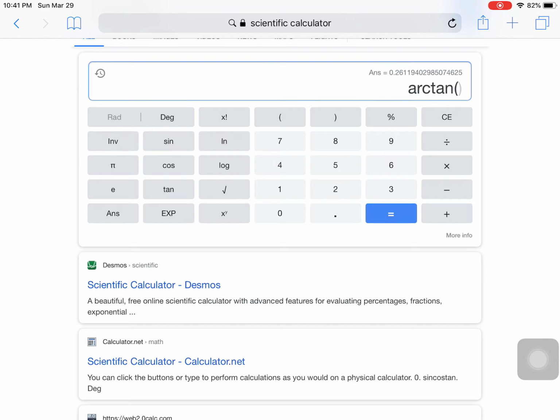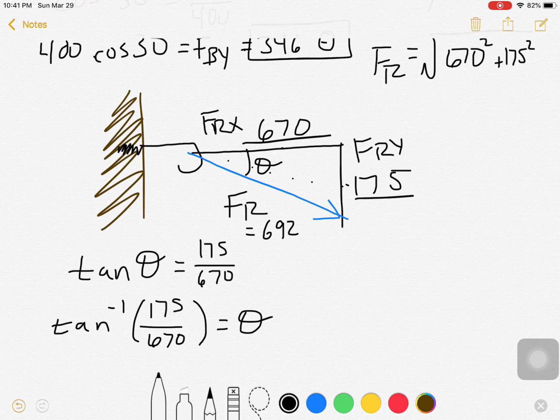So we're going to take the inverse tangent of that fraction we just got, and it's about 15 degrees. All right. So that's how we decompose angles into their constituent x and y parts, and how we can put multiple angles together by finding the x and y's of each of the individual angles and then adding them together, using Pythagorean theorem to find the magnitude, and using inverse trig to find the angle.